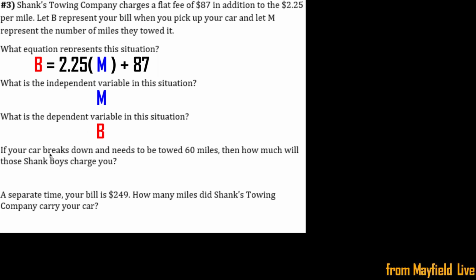So it says, if your car breaks down and it needs to be towed 60 miles, then how much will those Shank boys charge you? So instead of M, we now have 60, so we plug it in like this.